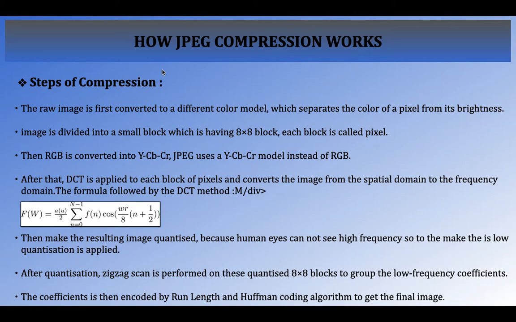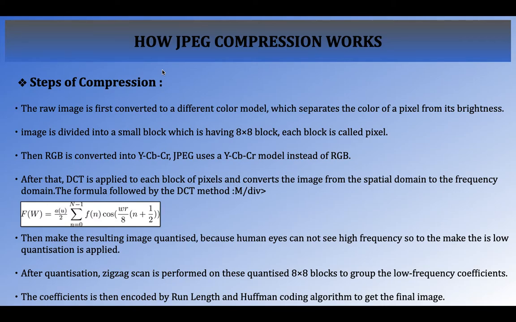After that, DCT is applied to each block of pixels and converts the image from the spatial domain to the frequency domain, which we discussed in the previous slide. The formula followed by the DCT method is given here in the image, as you can see. Then the result is quantized.